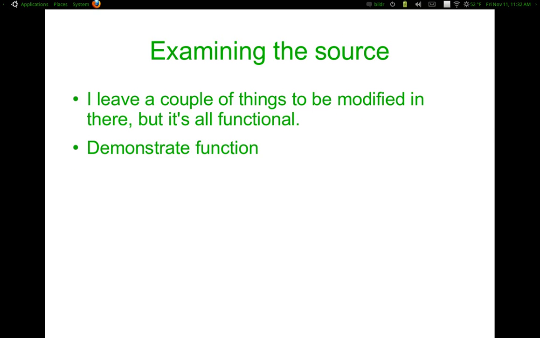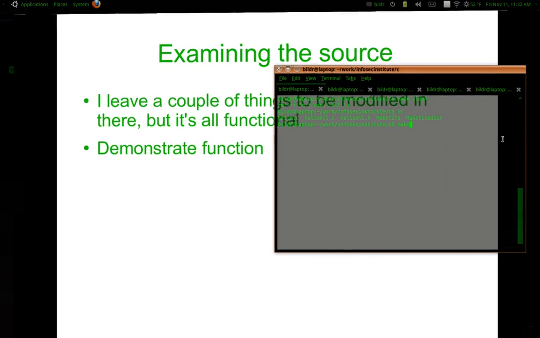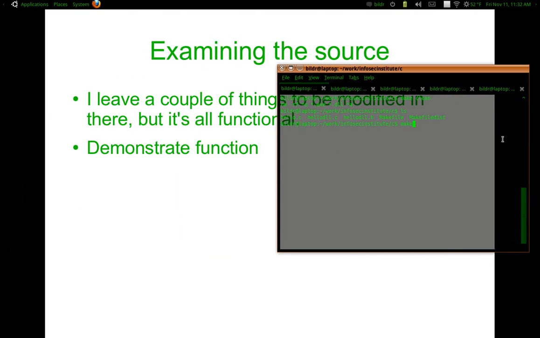So let's take a look at the source. I removed the debug build from the makefile, but there's a hint in the blog article on how to add it back, to demonstrate that both builds work. So first, let's do the make debug and turn off our output.